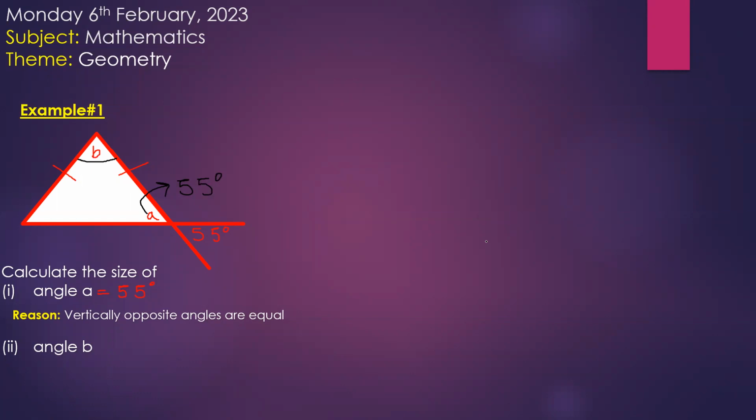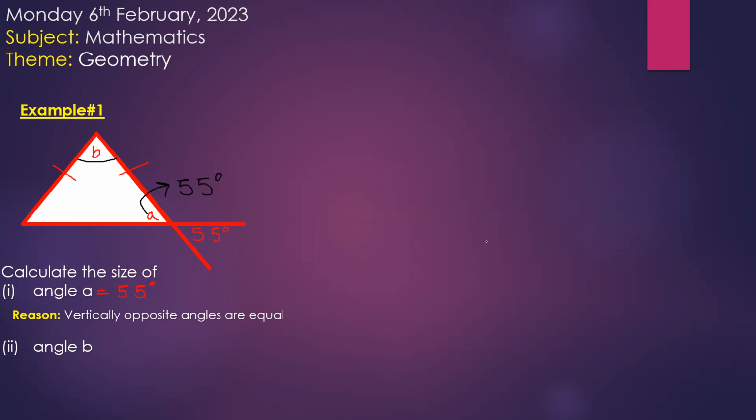Explain it. Okay, tell me. Wait, I want Jensen to answer. Sorry, go ahead, Jensen. You say angles of a triangle add up to 180, right? Mm-hmm. So you minus 180 from 55.